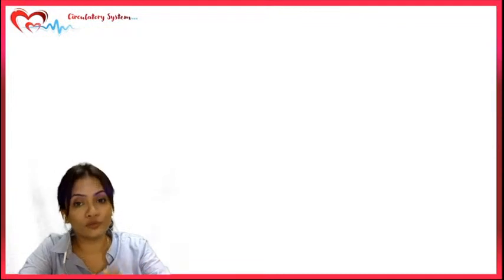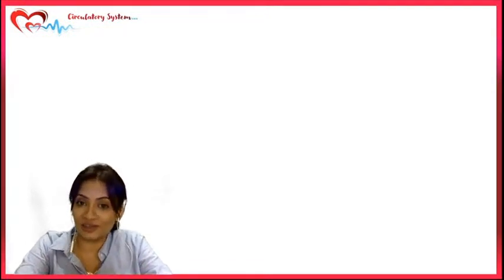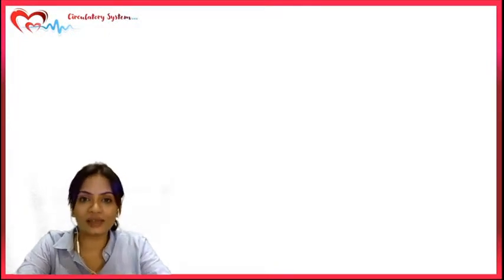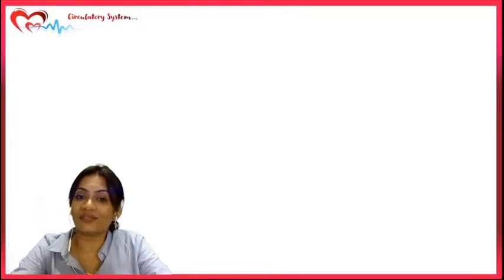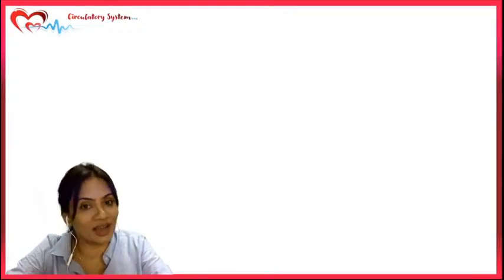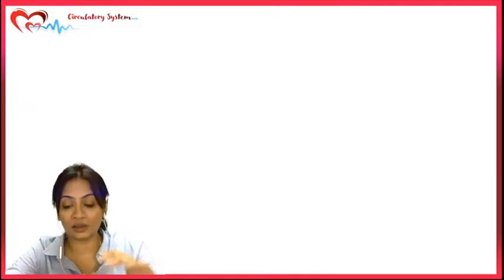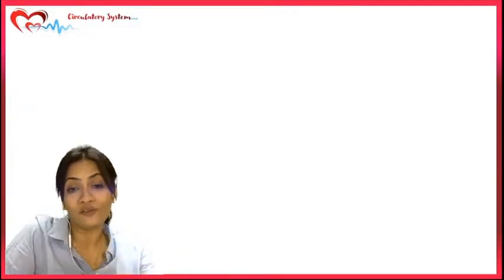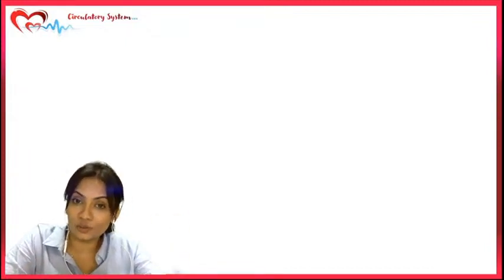Now we're going to move on to one of the most important organs of the circulatory system, and that is in fact a very vital organ for us as a human being as well, and that is none other than the human heart. So kids, let's start today. Today's lecture is a very fun-filled, packed lecture. There's going to be first the introduction to the human heart.